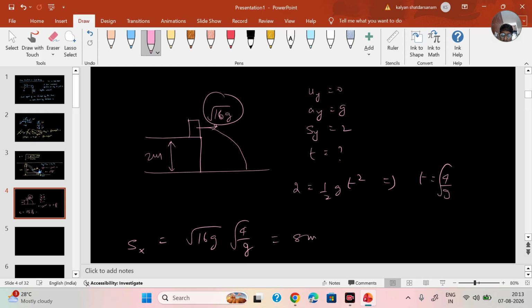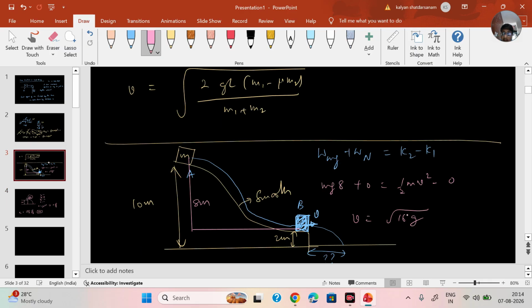So this will give me 8 meters. g gets cancelled, root 64 is 8. So the range of this is 8 meters. You can't do this problem that easily with Newton's laws, because the acceleration is continuously changing in that curved path. So you have to use work energy.